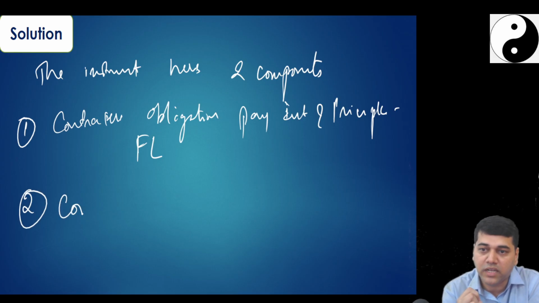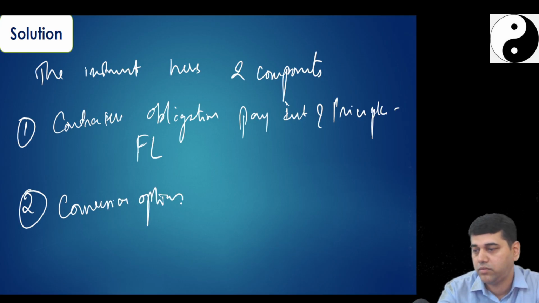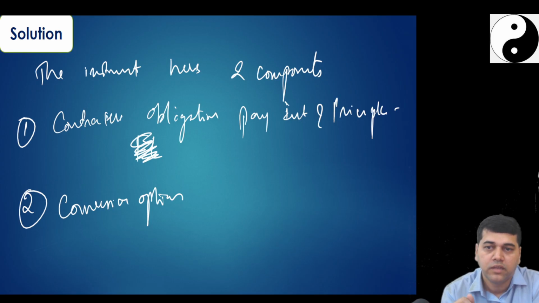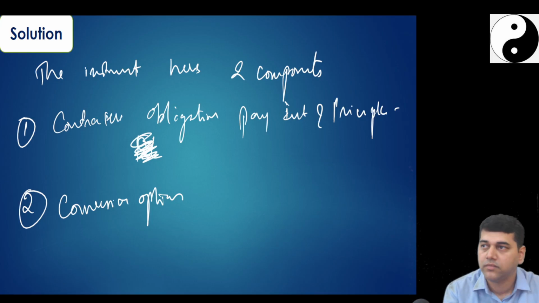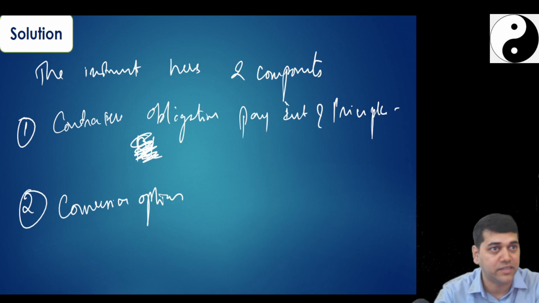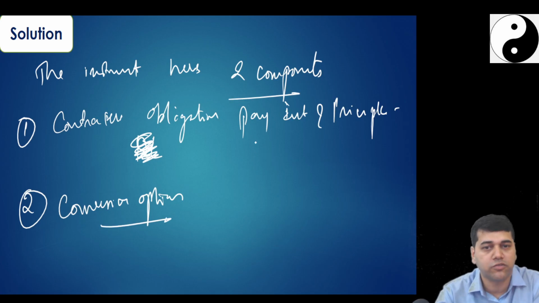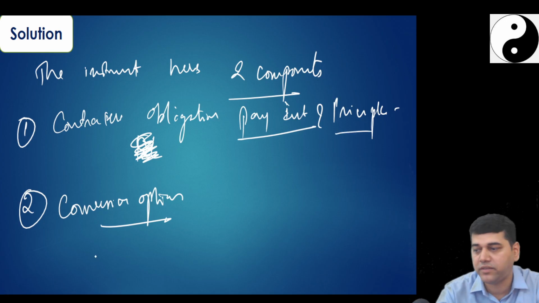Second, there is one conversion option. Okay, don't write financial liability here. In examining, first you find out what is there. Then you come with your opinion, what exactly it is. So you say that there are two components. There's one option also there, and principal and interest payment is there.